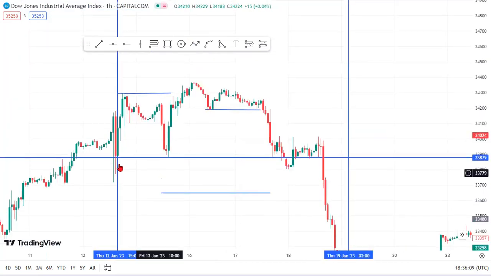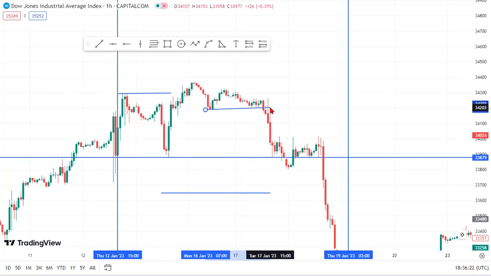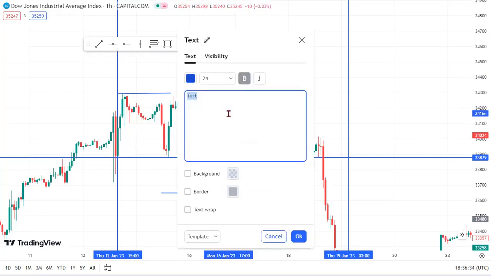So you had the market giving you this high, then a low, high, low, then it broke this low, broke this low, broke this low, which is a change of character here. This is where your change of character is, because the market broke this low, right?